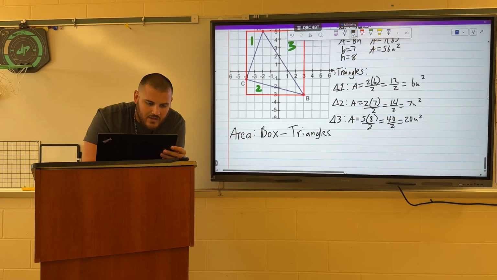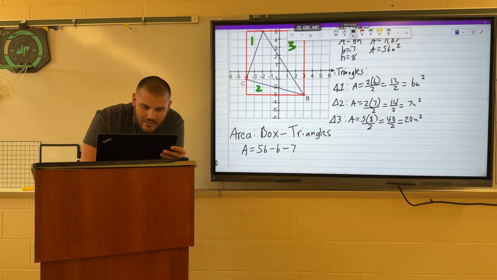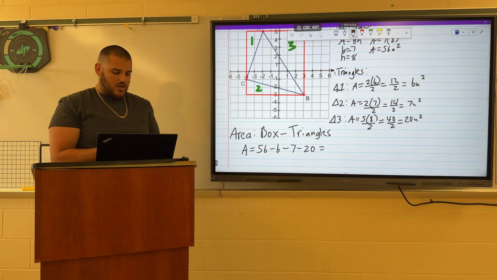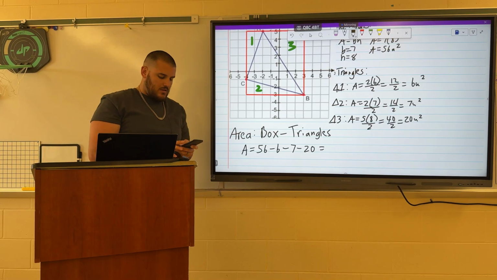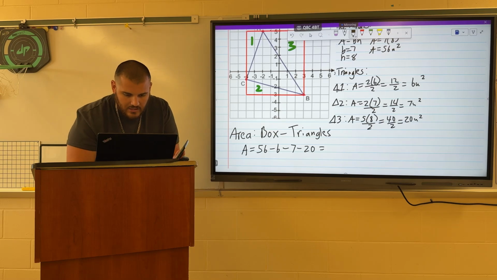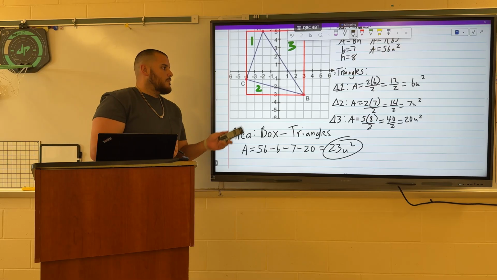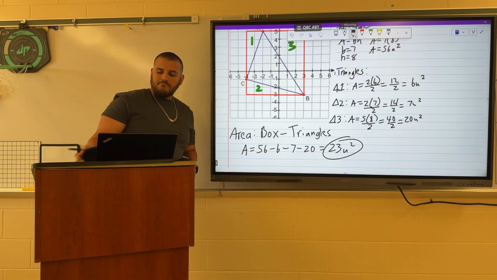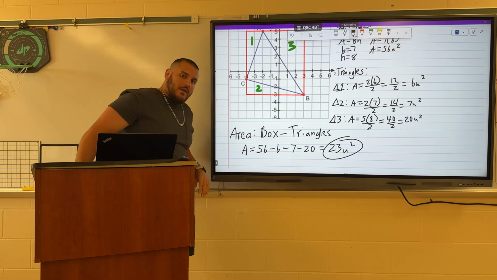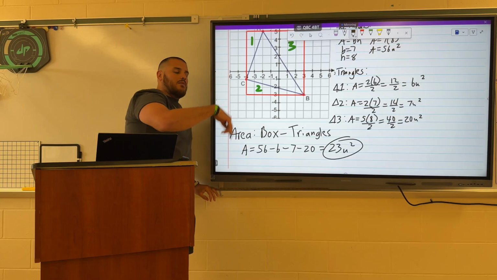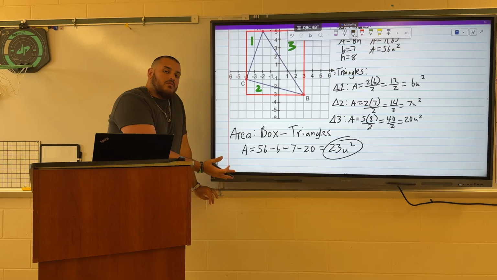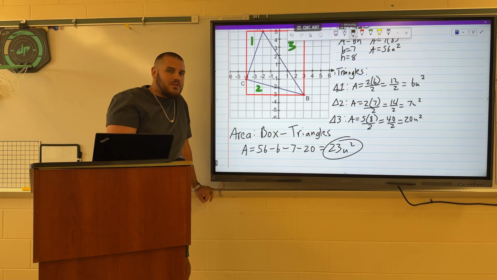So for this specific example, that would be 56 from my rectangle minus the 6 from triangle 1 minus the 7 from triangle 2 minus the 20 from triangle 3. 56 minus 6 minus 7 minus 20 will give us an area of 23 units squared for that triangle in there. So that's definitely a lot more time consuming than one where we can count a base and a height, but this is a level that we need to get to with our area on the coordinate plane.